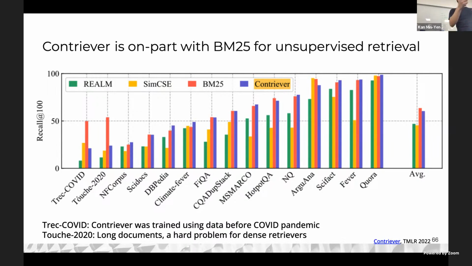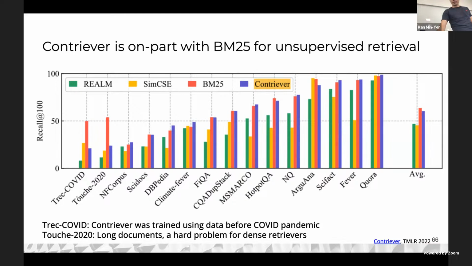So when we have a long document, it will usually be truncated, and this explains why it's bad. It's always a hard problem for dense retrievers, whereas BM25 is quite robust. Among all the data sets, you can see that it performs quite well, and that's the key idea of Contriever.